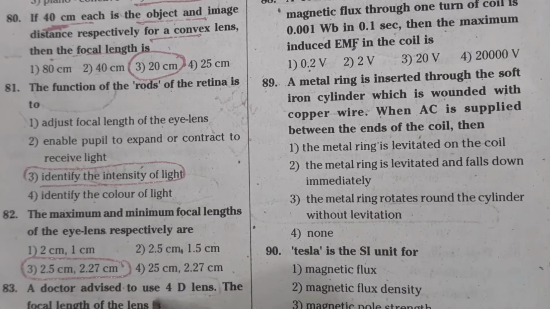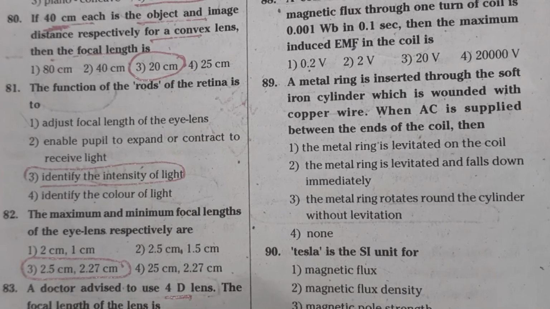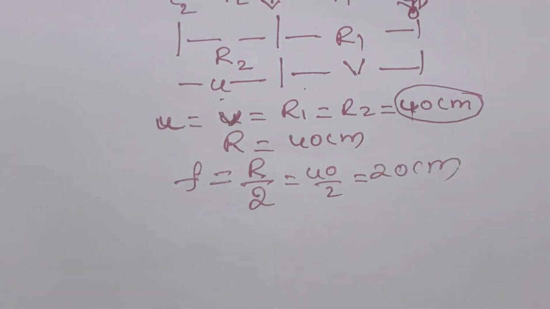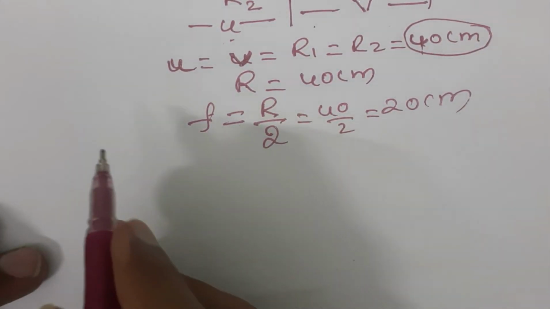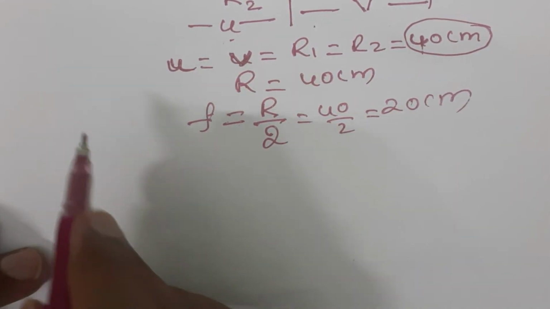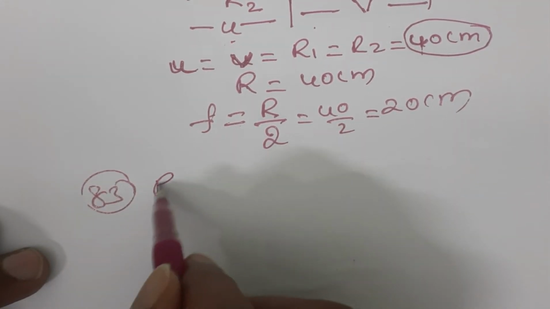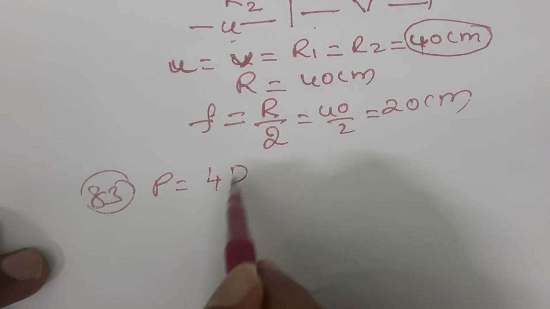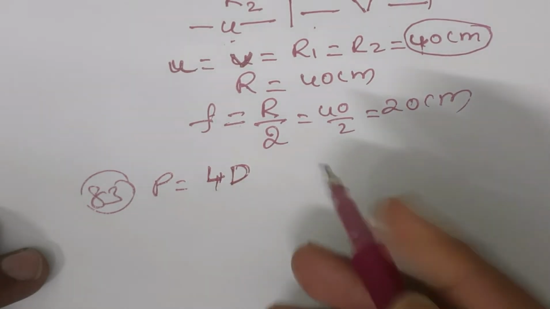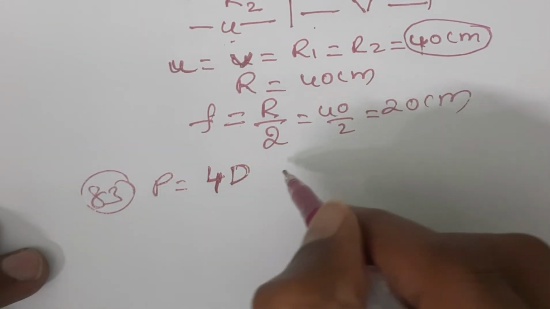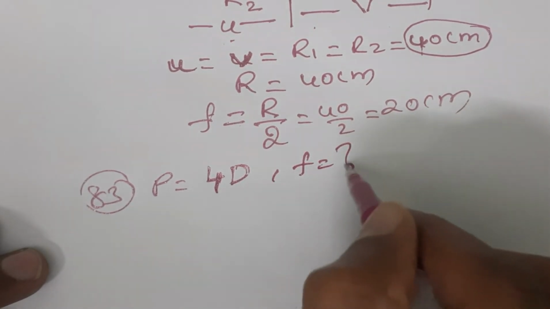Next, a doctor advised to use a 4D lens, then find the focal length of the lens. So the power of the lens is given, students, question 83. Power of the lens is 4 diopters. Then we want to find the focal length.